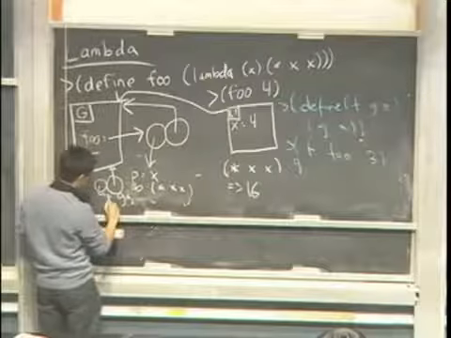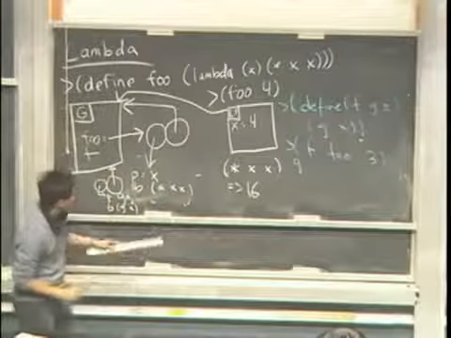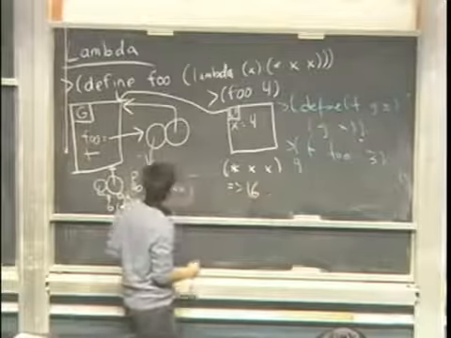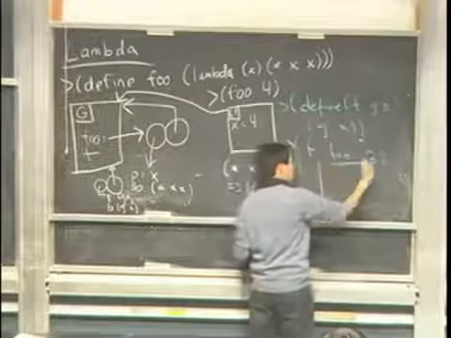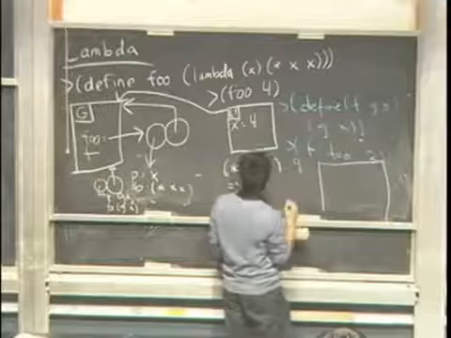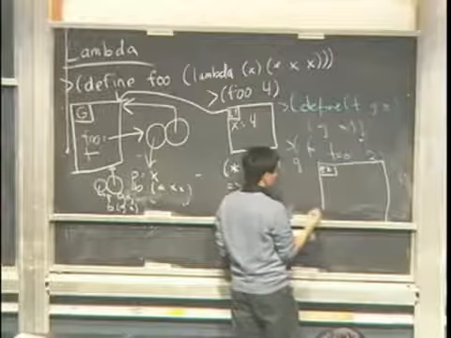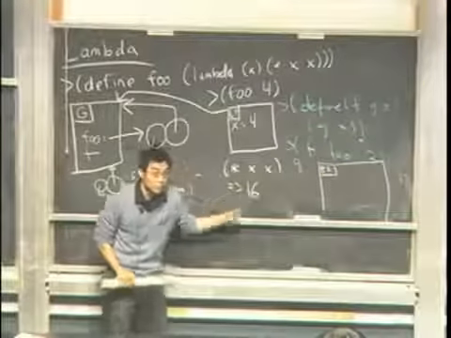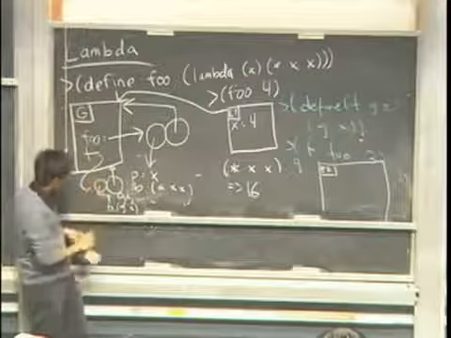And the body is apply g onto x. And when we make this call, we will have a new frame. So let's draw a new frame here. E2. This frame is associated with this lambda, right? Oh, forgot to point this.